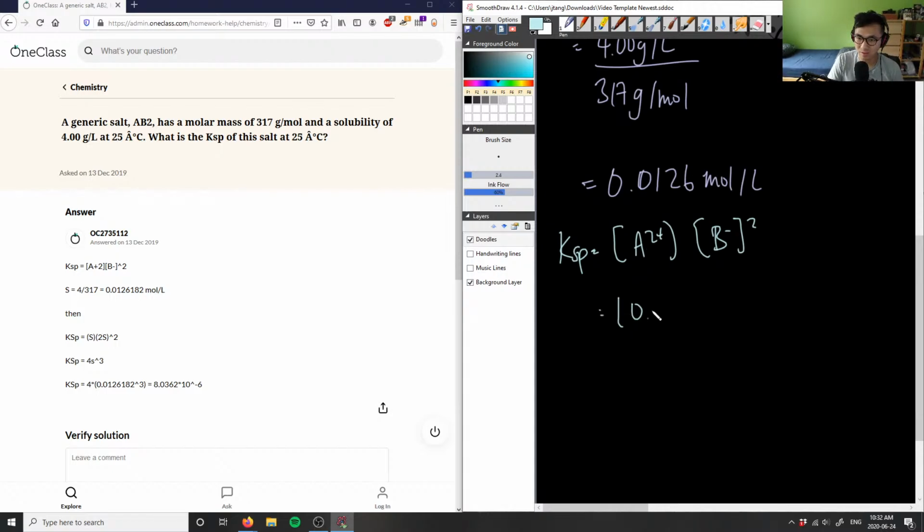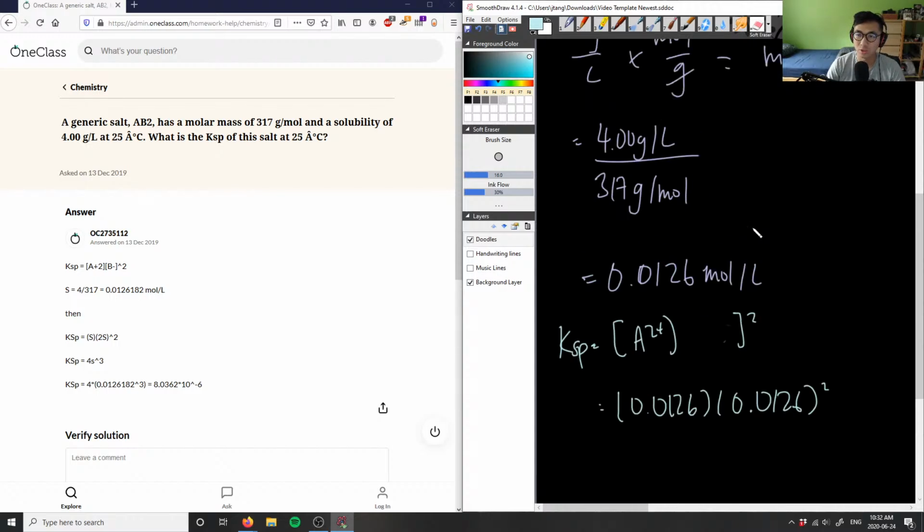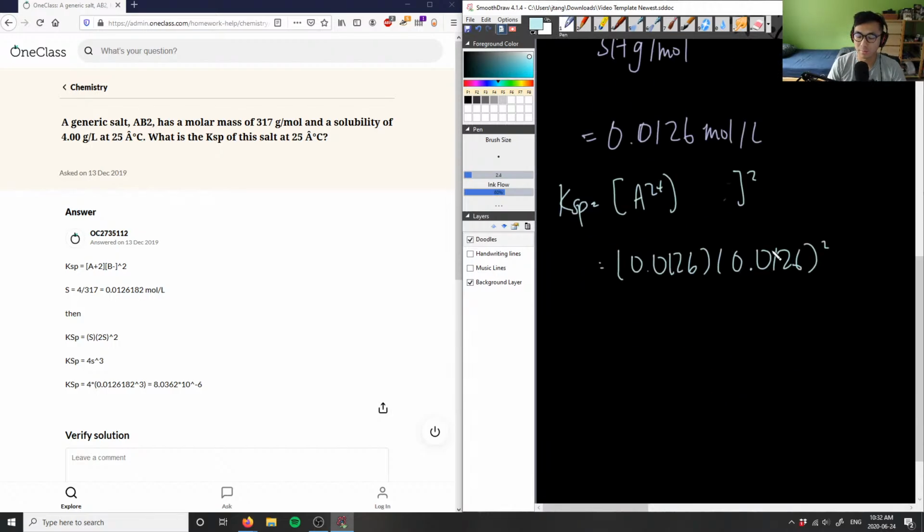So we can say that this is 0.0126 multiplied by 0.0126 squared. I'm missing a 2 here for our formula, because we had the coefficient of a 2 on this side, so it has to be reflected in our Ksp formula.